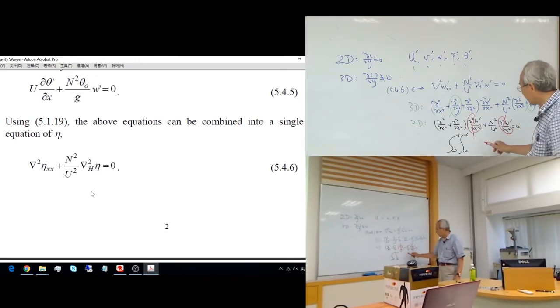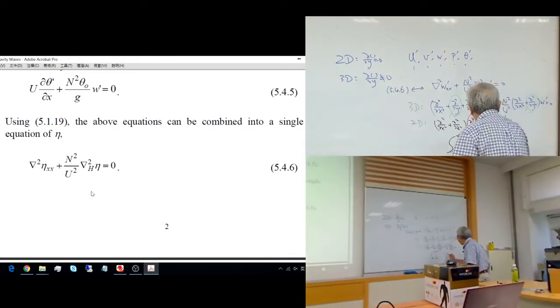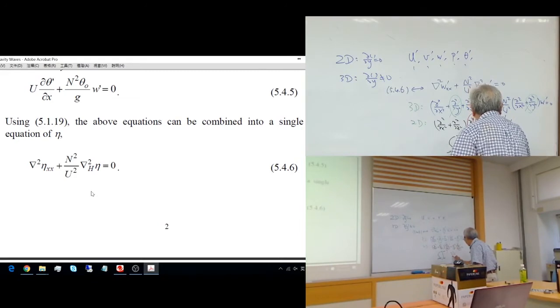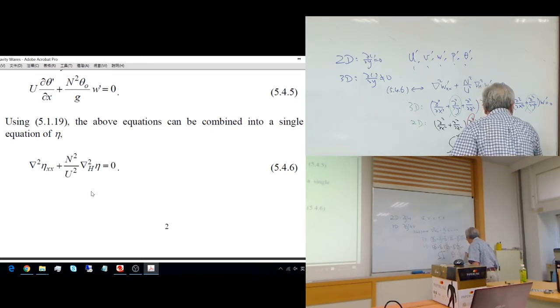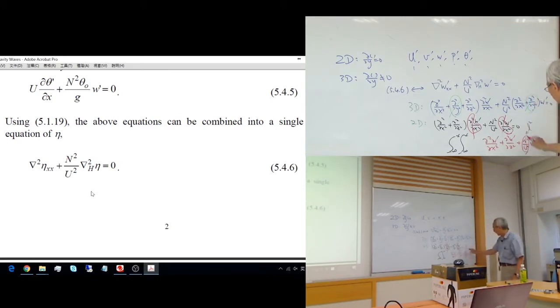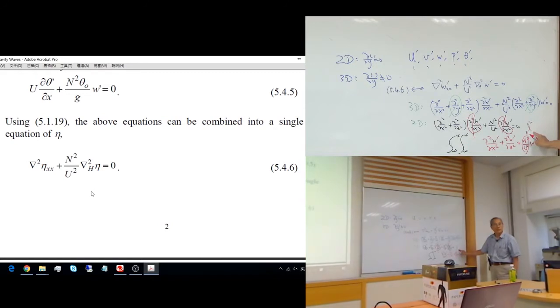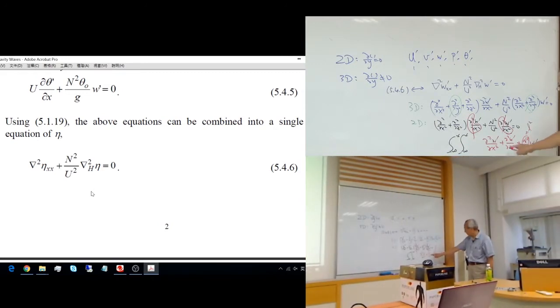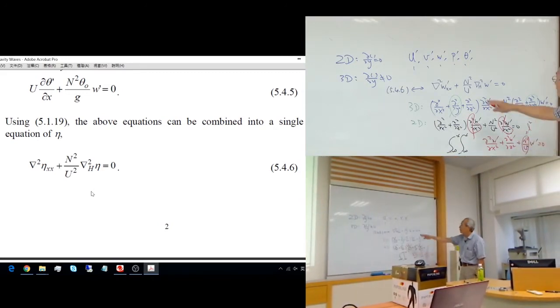This becomes partial squared w prime over partial x squared plus partial squared w prime over partial z squared plus N squared over U squared w prime equals 0. This square here we call l squared. What's l? The Scorer parameter. Okay, so it's correct.